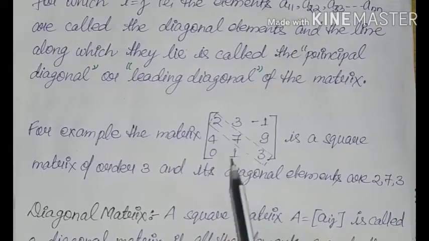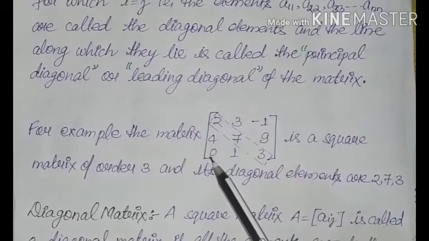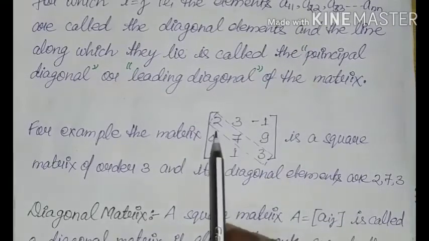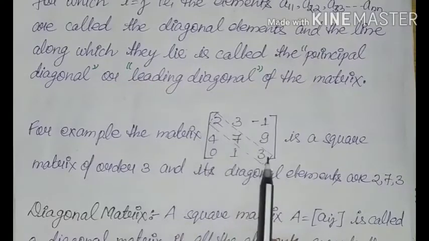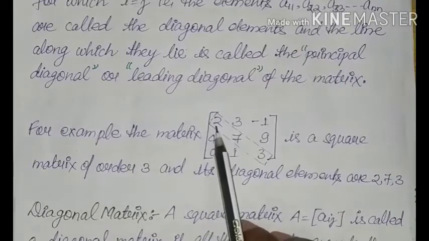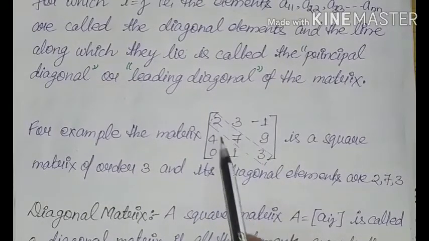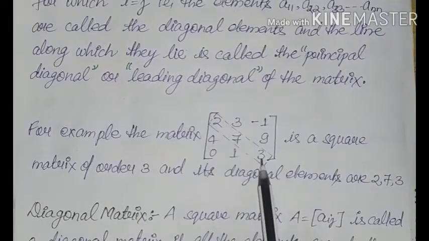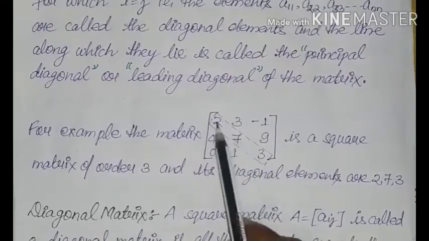Because there is one more diagonal, that is this one, that's why we call this the leading or principal diagonal. This one is A11, this one is A22 and this one is A33.